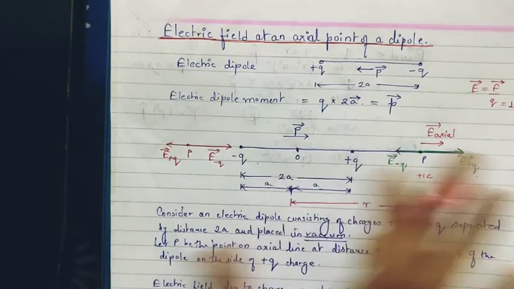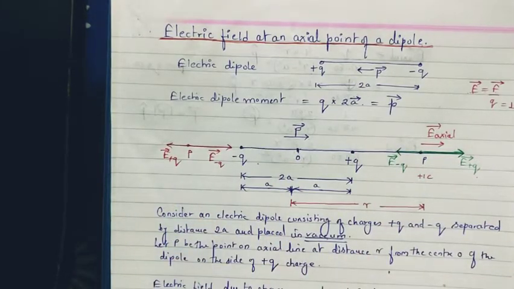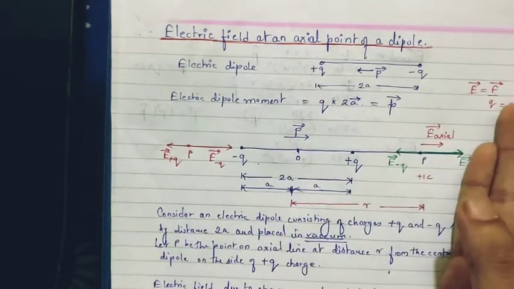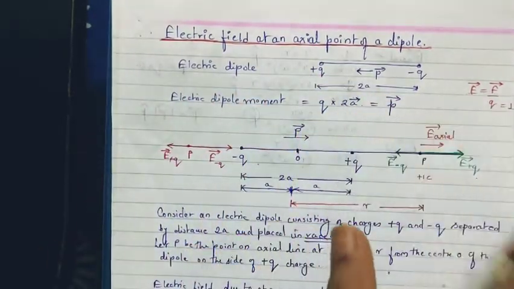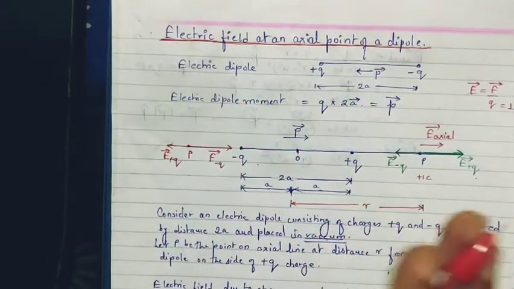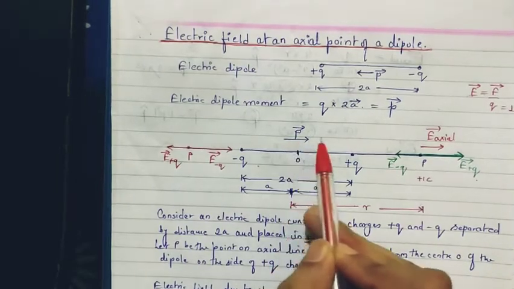So the direction will remain the same. That is basically, if you consider the point on this side of the dipole or the other side of the dipole, the direction of the net axial electric field will remain the same, that is in the direction of electric dipole moment.